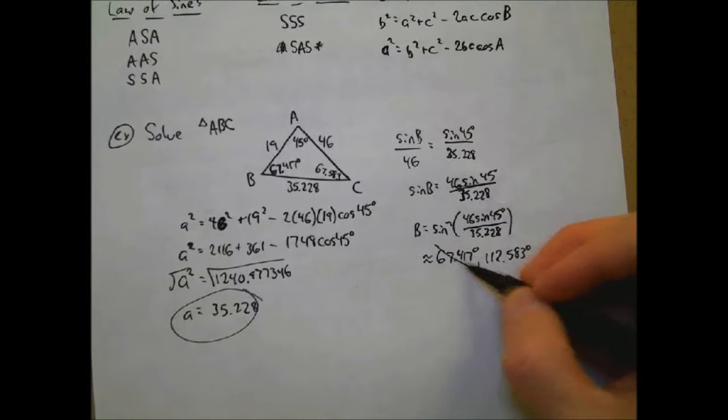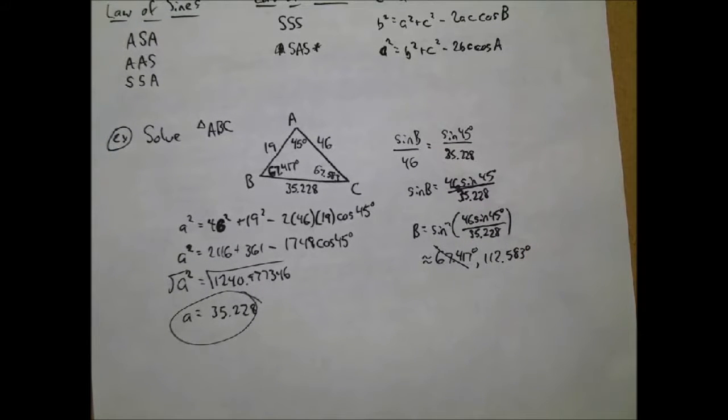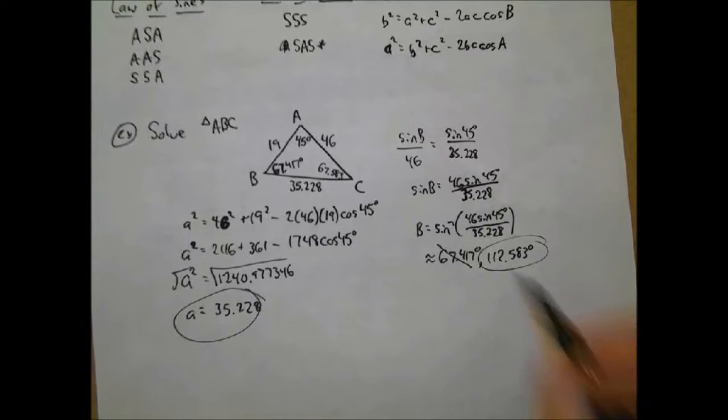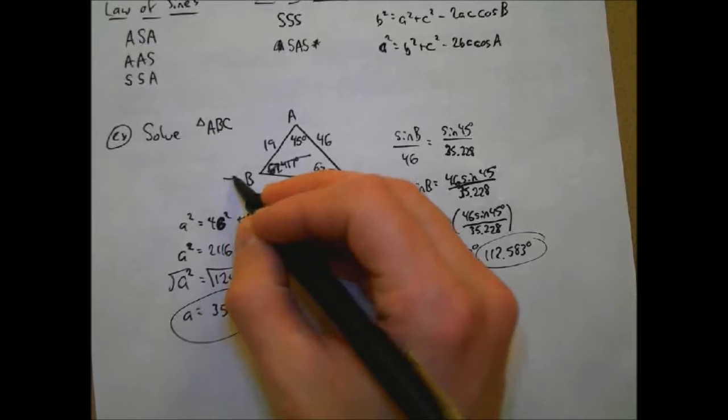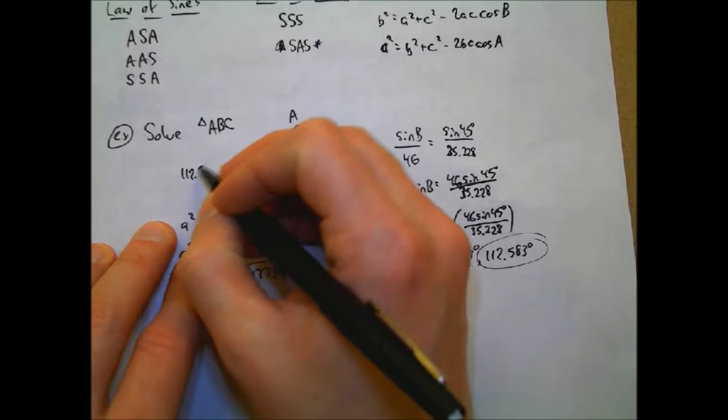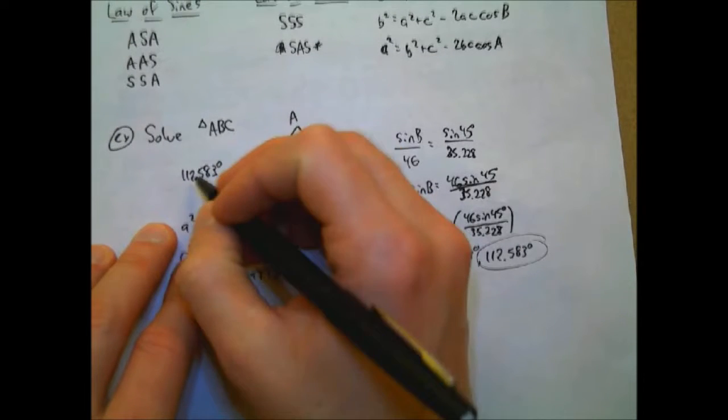Now, I told you guys that the problems I'm going to give you will not require this, but this example actually does require it. So forgiveness, please. The actual angle B is supposed to be the supplement angle, the 112.583 degrees. But again, the problems that I give you will not require this.